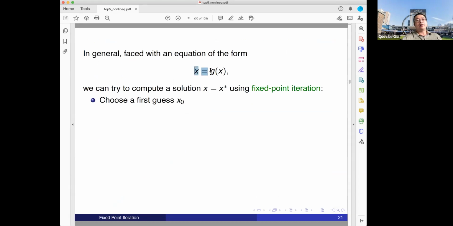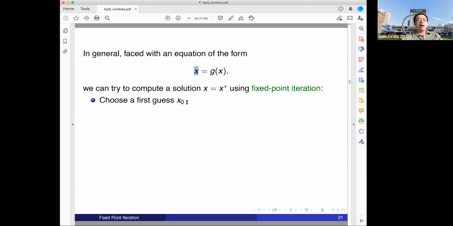First we have to have the function in the correct form. You try to find the solution of x equals g of x. Remember, initially we have f of x equals 0, but now you have to notice that this is x equals g of x. You want to find x star, so x star equals g of x star.